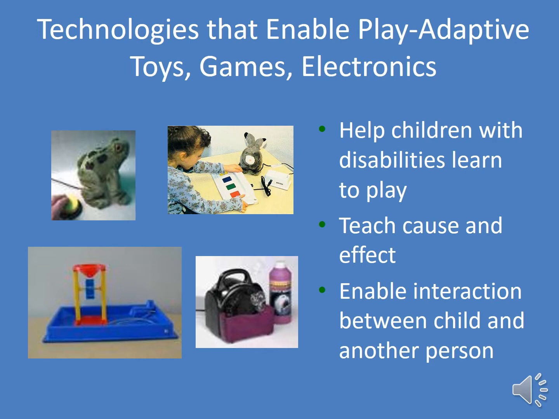And these kinds of technologies also enable interaction between a child and their peers, or a parent, or any other person they come in contact with. So really what we're talking about is using switches to help children develop some of those early play skills.